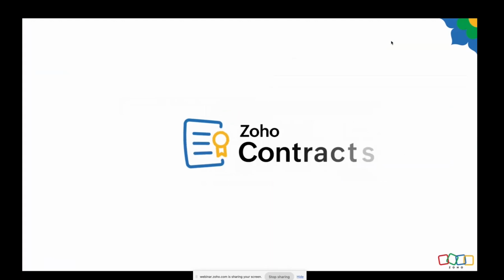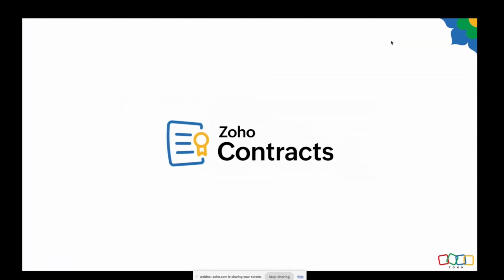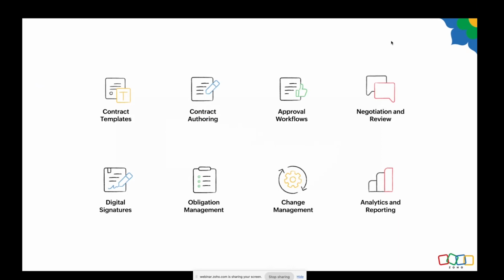Now, the main product here is Zoho Contracts. It is a contract management CLM tool, which is the contract lifecycle management software of Zoho. These are a few of the features that we have within the application. One is contract templates, where you can create and configure your templates from scratch, author the contract document, associate an approval workflow internally, negotiate your contracts online through password protected links, and e-sign your contracts.